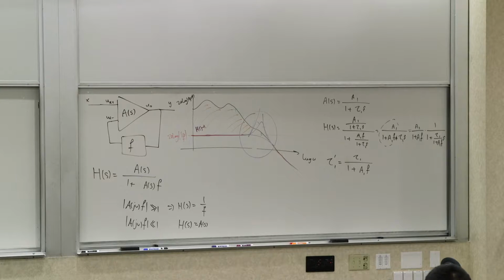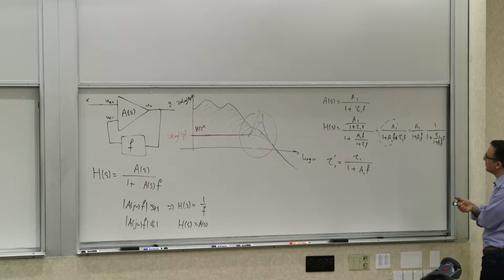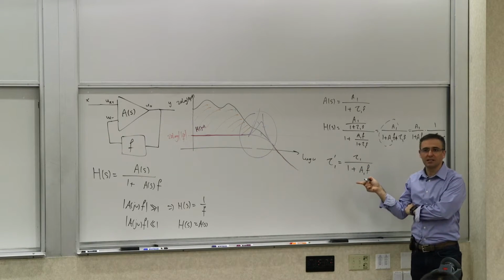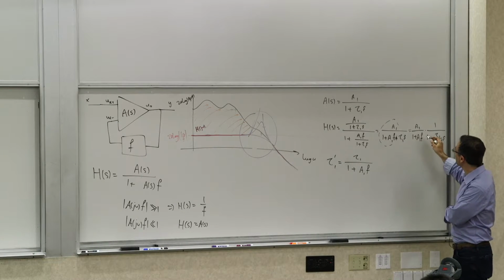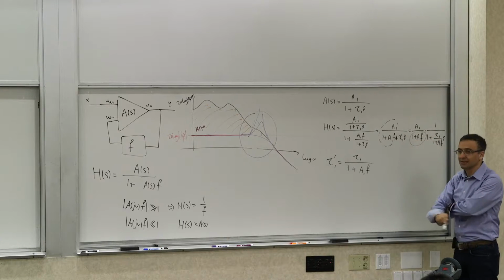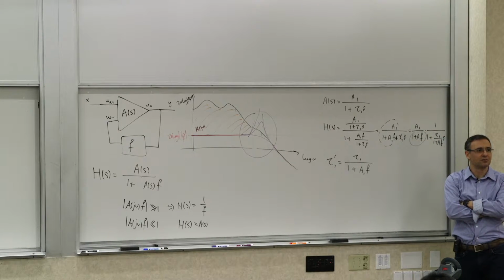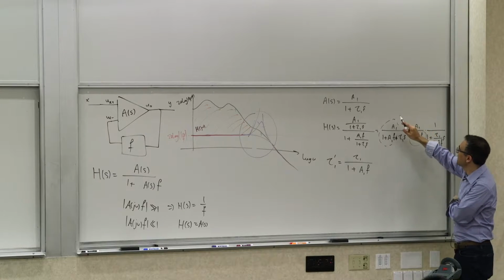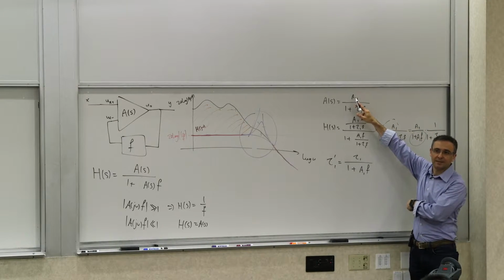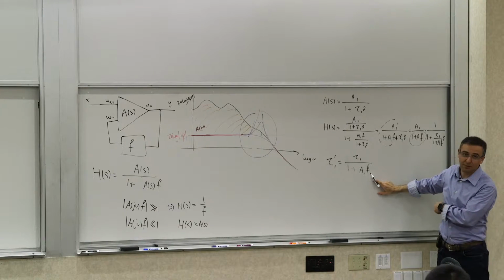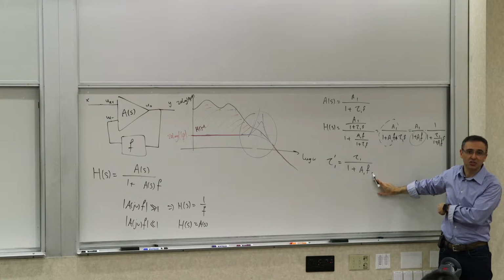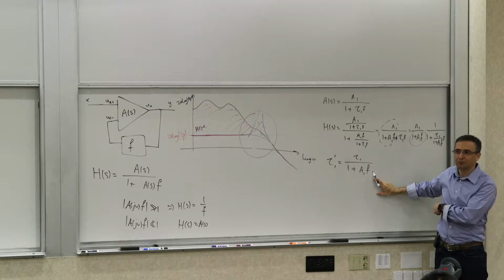Which means that my bandwidth has increased by this factor, right? Which is the same factor by which my low frequency gain, my DC gain, has reduced. You see, this was my original low frequency gain. Now it's divided by 1 plus A1 f. And my time constant is also divided by that, which means that my omega h is multiplied by this factor.